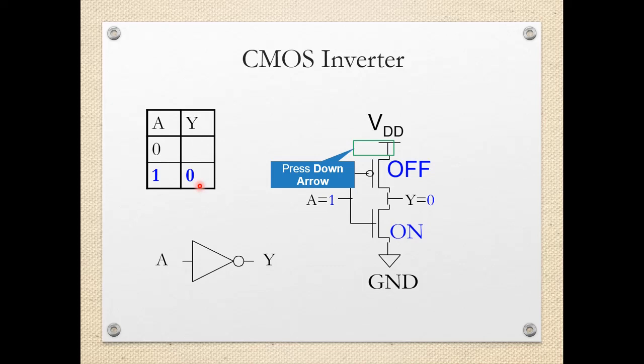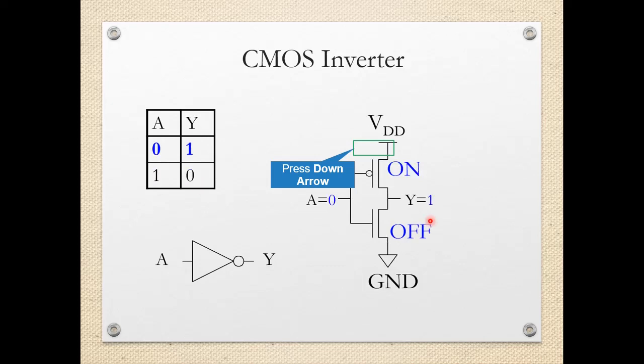When the gate input is 1, as per the previous slide, it will turn on the NMOSFET. So the NMOSFET is on and the PMOSFET is off. If the NMOSFET is on, the output terminal Y will be grounded through this MOSFET, so the output Y is equal to 0. So it is inverting the input. If input is 1, output will be 0.